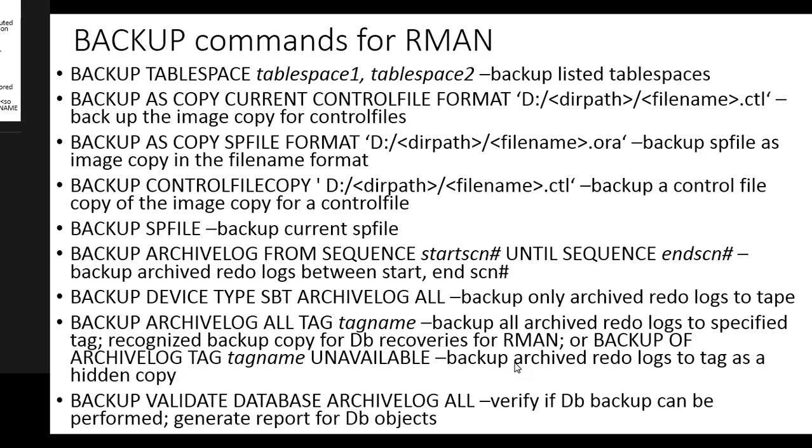By adding unavailable to your backup command, you're telling RMAN, this is a backup that I do not want you to use when performing database recoveries. Only use the first backup, the one with the tag name that does not have unavailable. That's the backup RMAN would look for when you're running your restore and recovery operations.